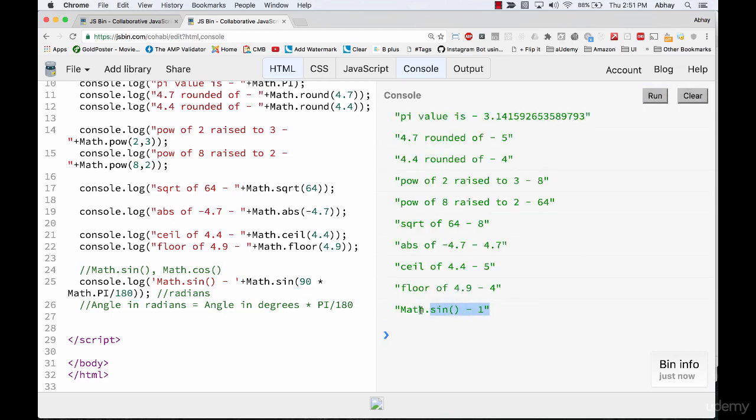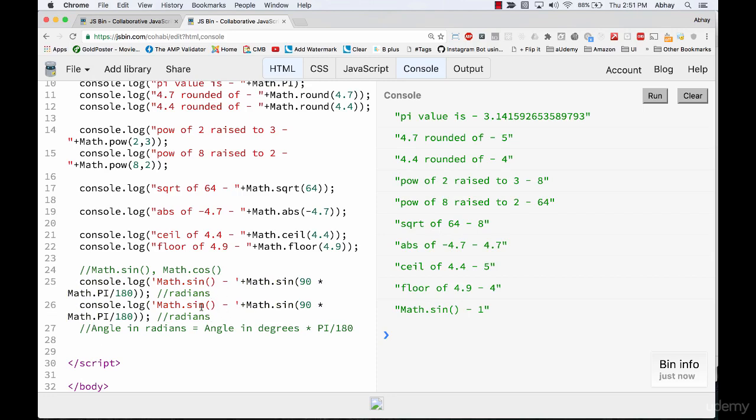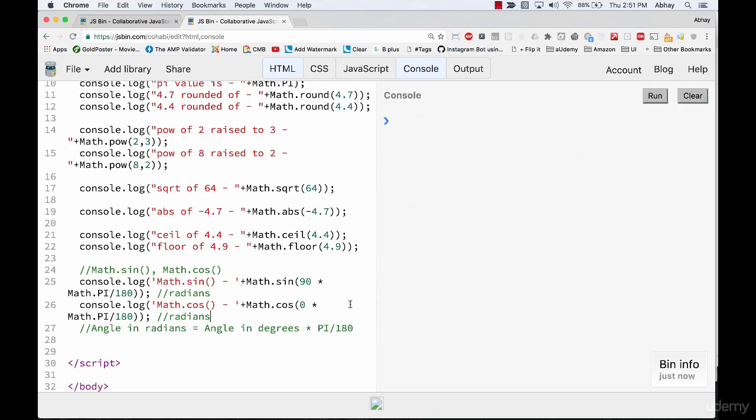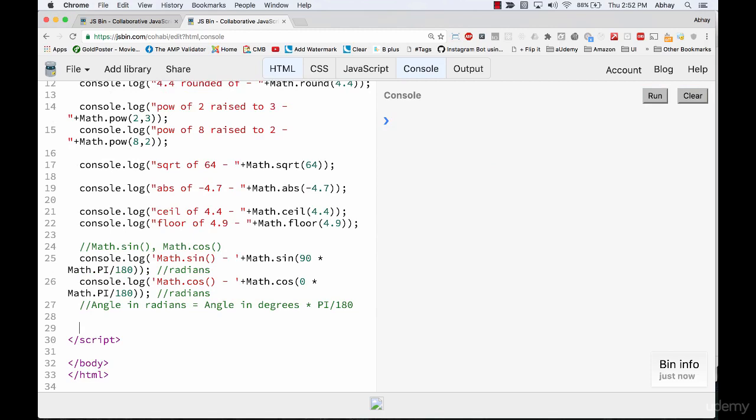The answer is 1, because sine of 90 is 1. Similarly, let's say cos of 0 is 1. So let's do a cos, but we don't have 0 radians, so let's just do 0 degrees and put it into radians. Let's clear this and run, and the cos is 1. So that was Math sine and cos.